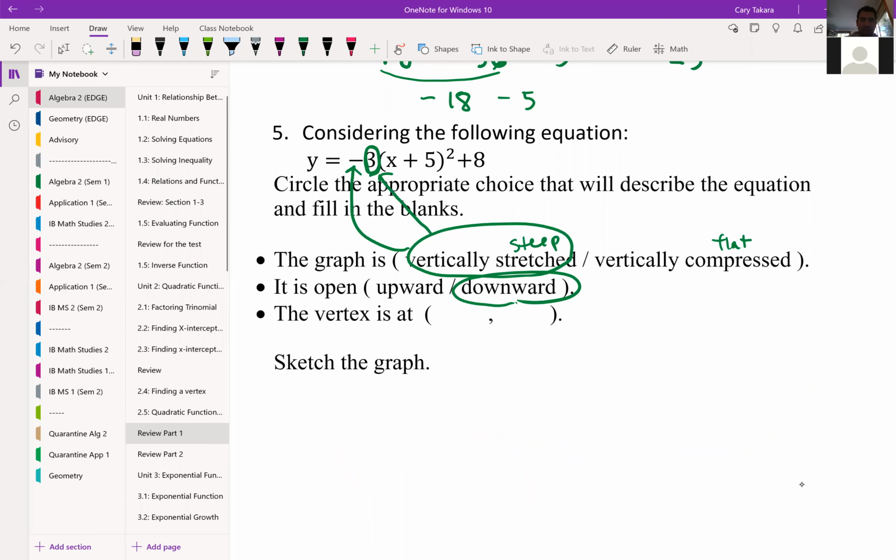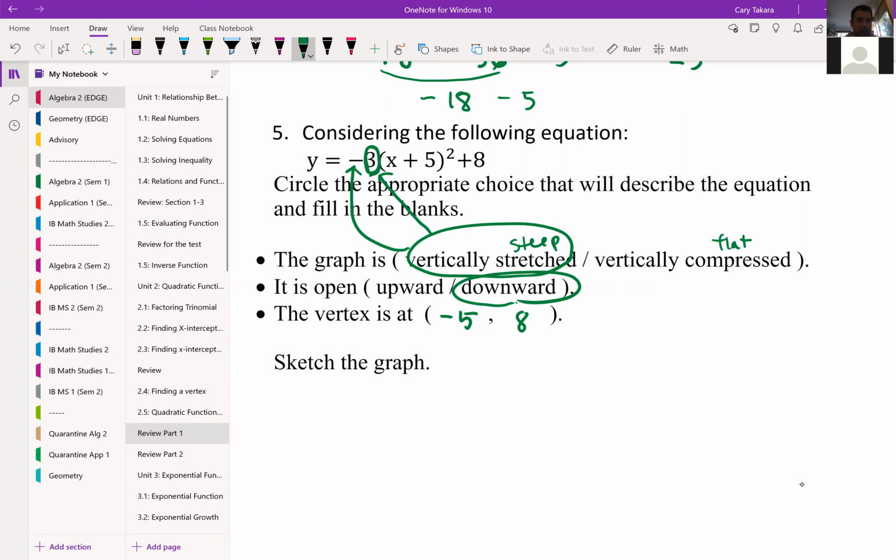Last but not the least, the vertex. Can you tell me what the vertex is? Everybody type it in the chat. What is the vertex? Anybody else? Very good. Thank you very much, guys. It is -5 and 8.